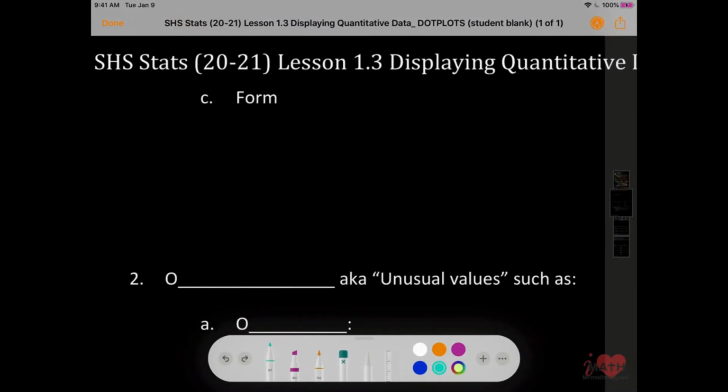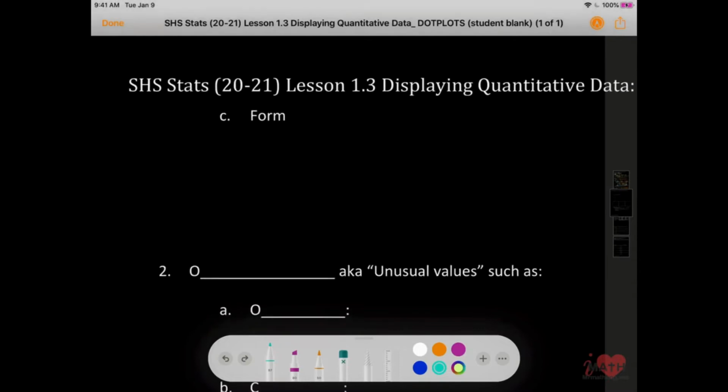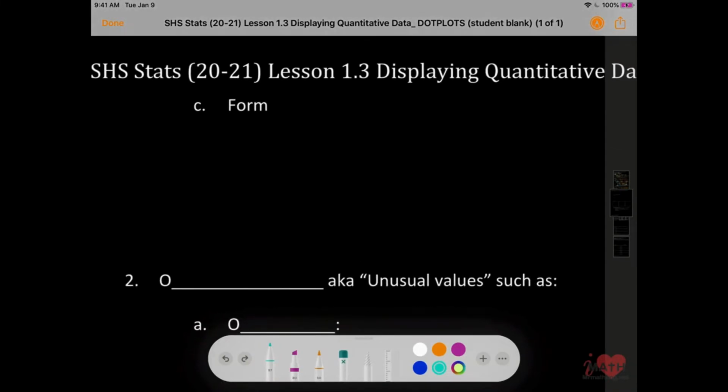All right, so now we're on page 2, and what does a shape look like with its different types of forms? One we didn't talk about is if all the data is exactly the same, we would say that this one is uniform.